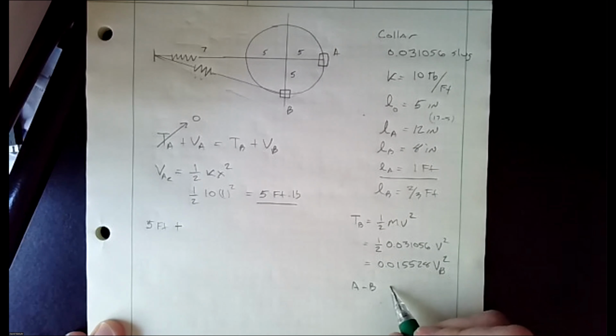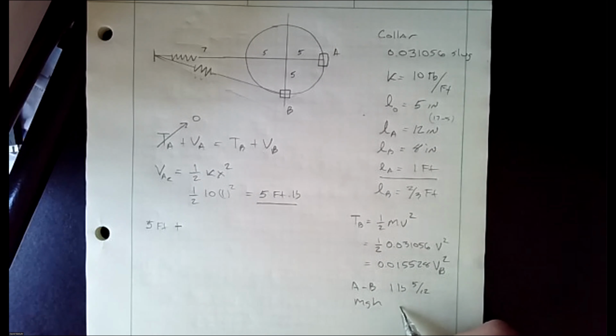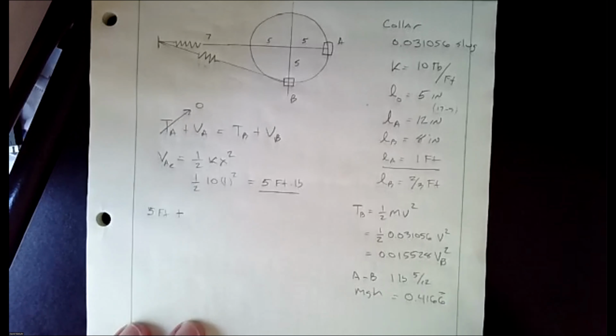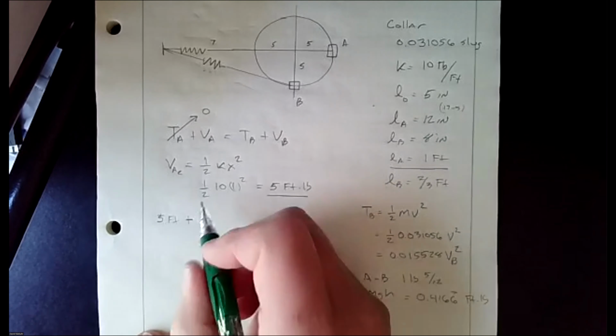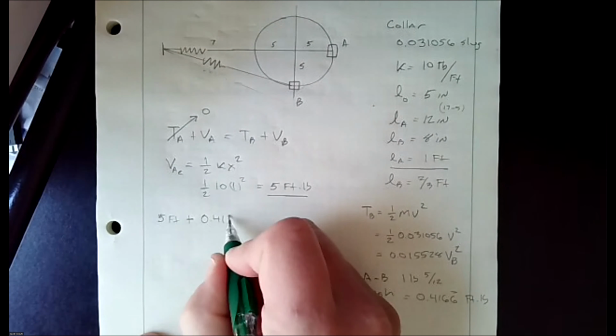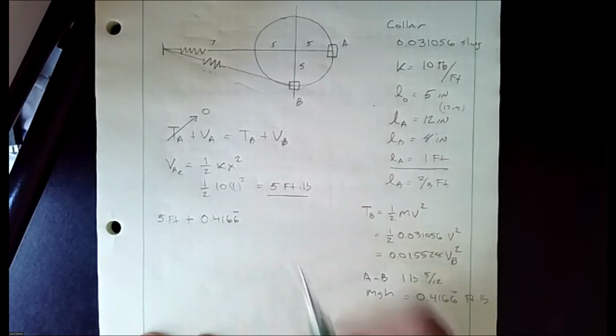It's going to be 1 pound, MGH, 1 pound times 5/12 of a foot. So that's all it's dropping, is 5 inches. And that's going to give me 0.4166 repeated foot-pounds. So I'm going to add to that 0.4166 and so forth.